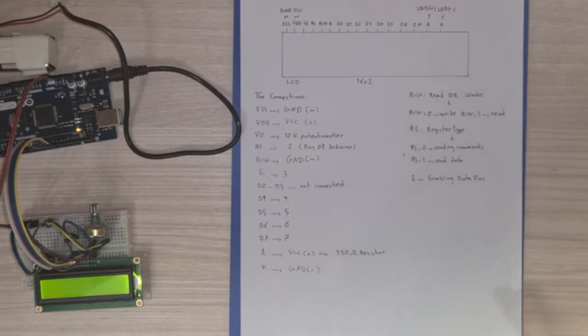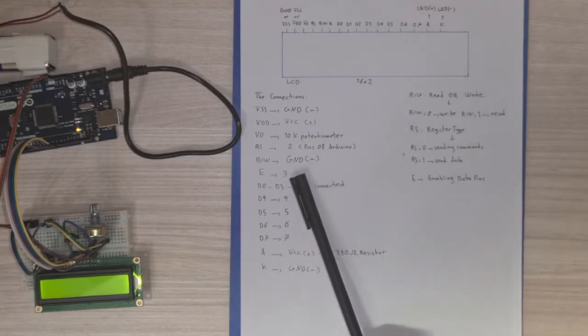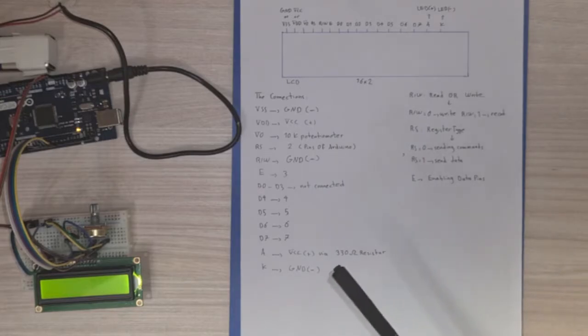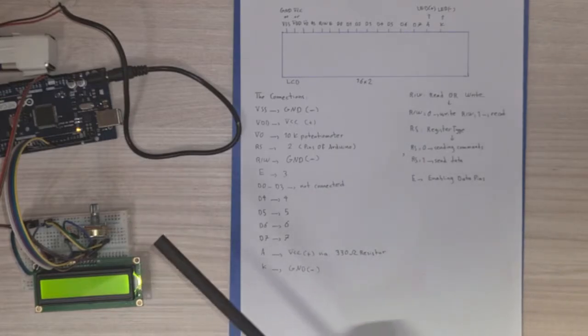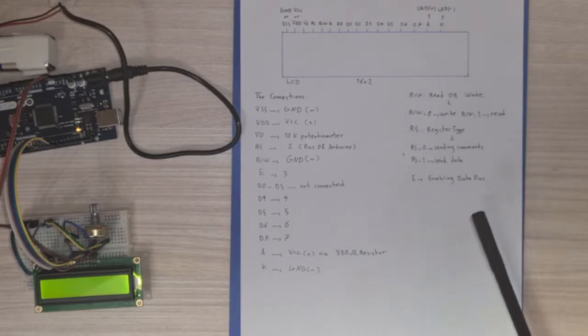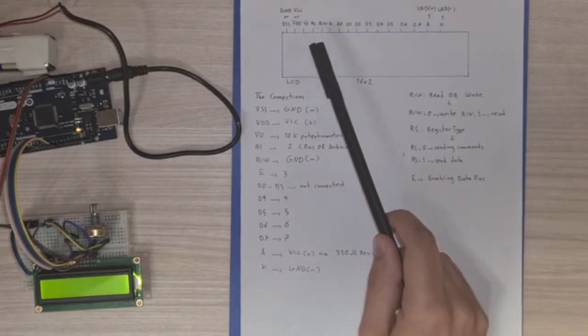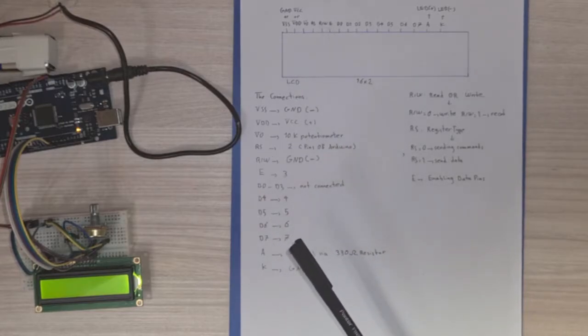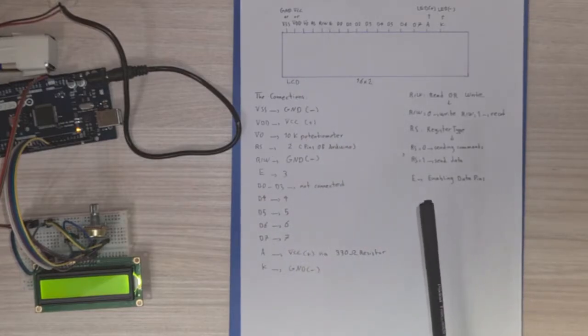For controlling the contrast better, we use a 10K potentiometer, so we can use them with a trimmer, so it's so easy to adjust whatever level we want. So we connect the third pin right to the potentiometer, and then the fourth.